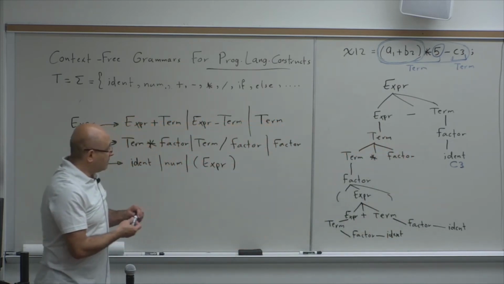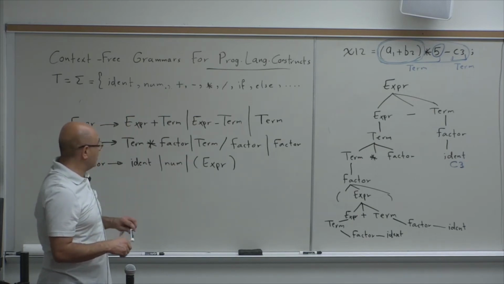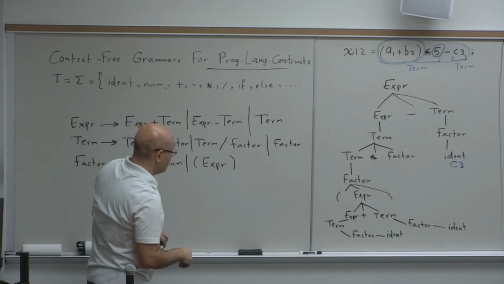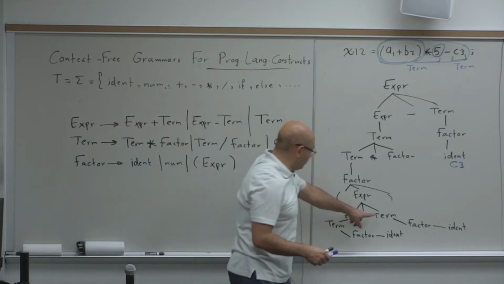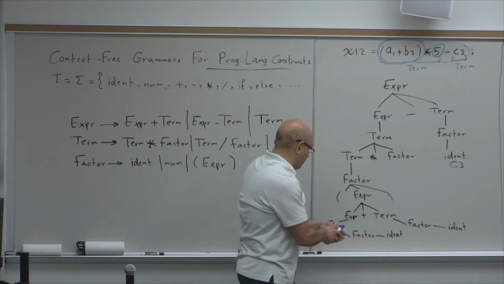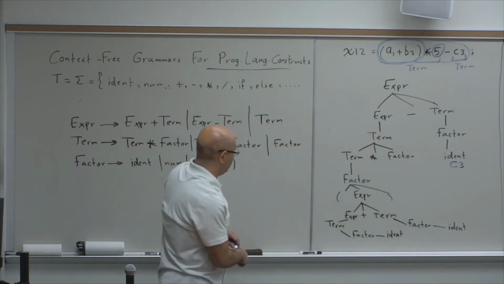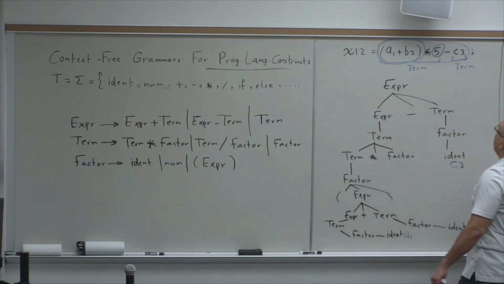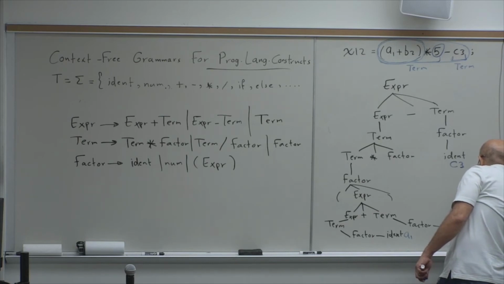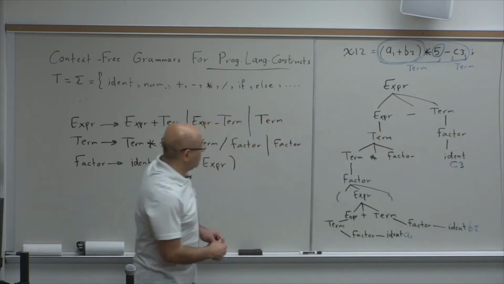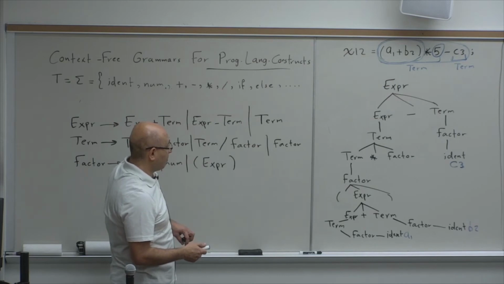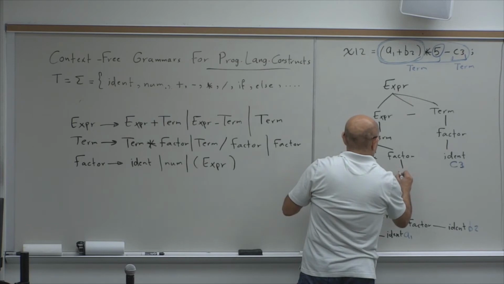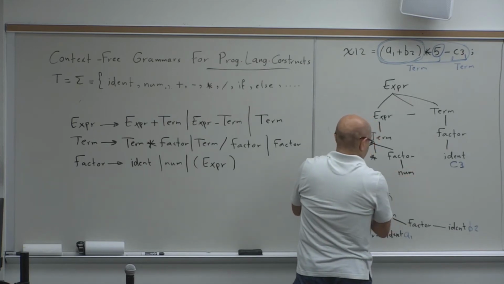I'm sorry that I don't have enough space here. So this expression is expression plus term, and this term is factor identifier. Now, what's this identifier? This is A1. And what's this? A2, B2, sorry. And then what's left? This factor is number, and this number is 5.